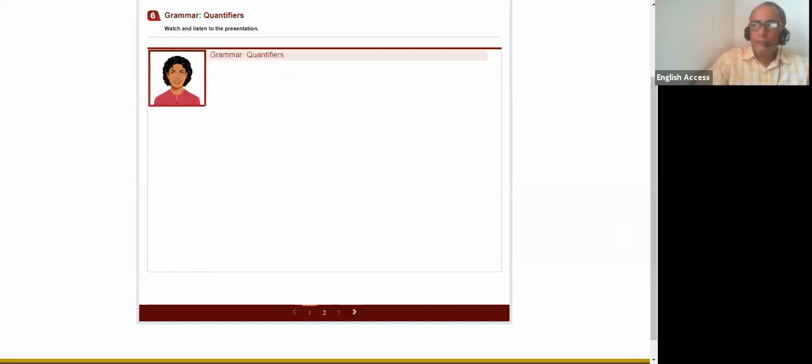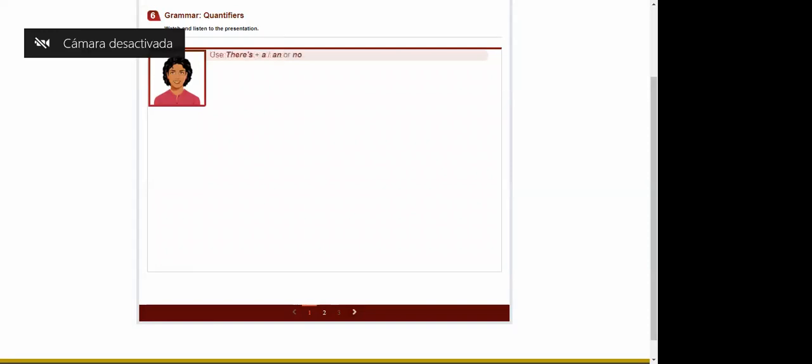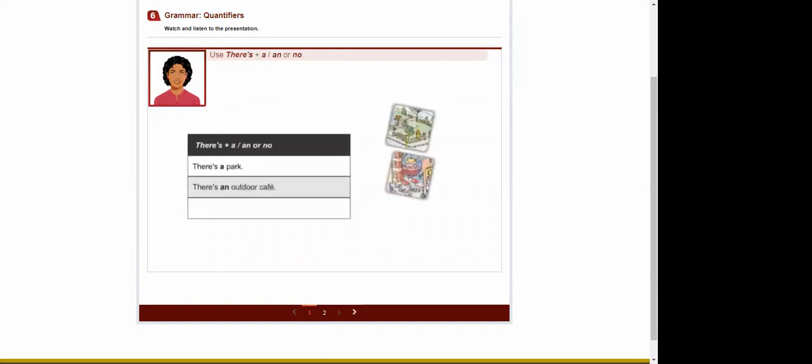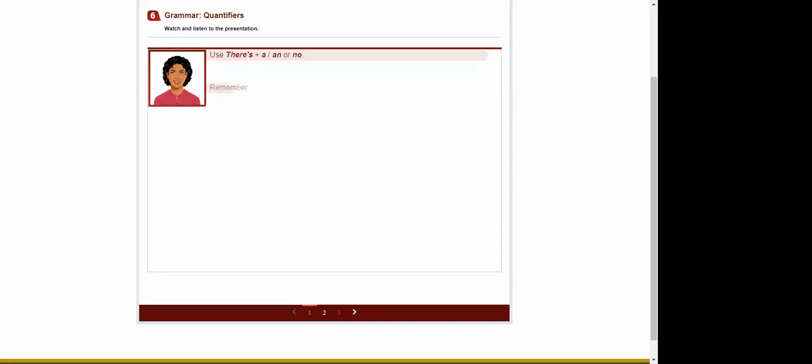Grammar. Quantifiers. Use there's and a or an or no. There's a park. There's an outdoor cafe. There's no mall. Remember, use there's and a or an or no for one thing.